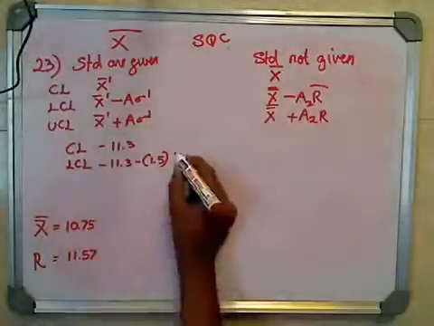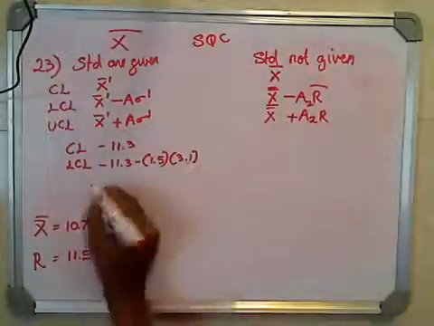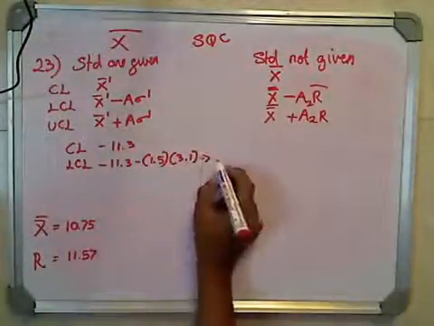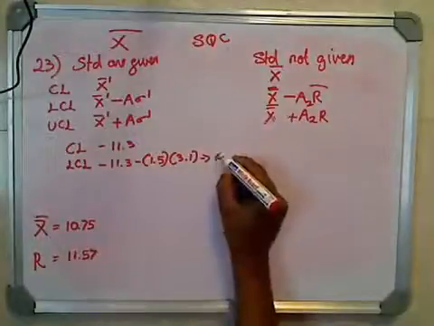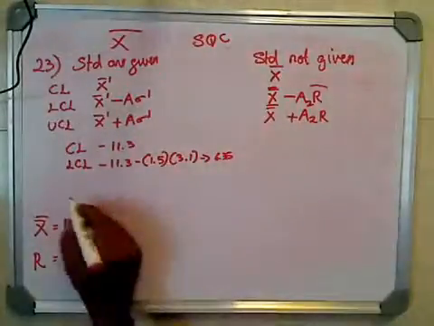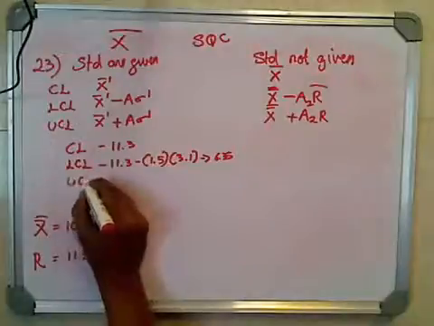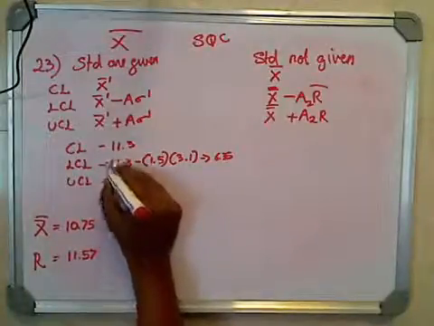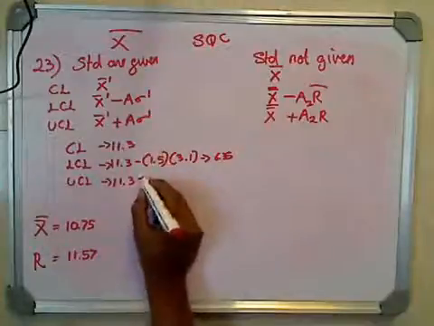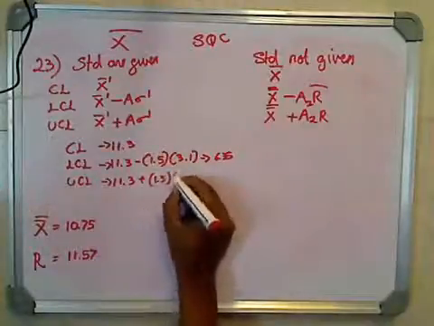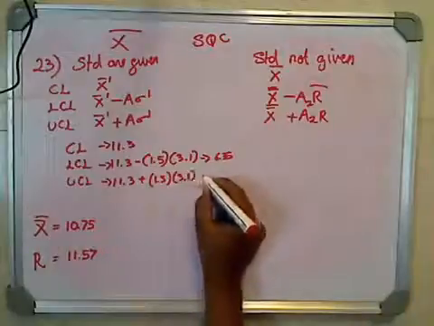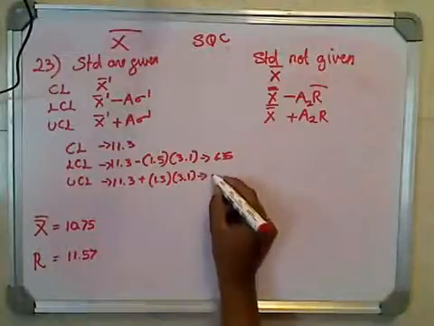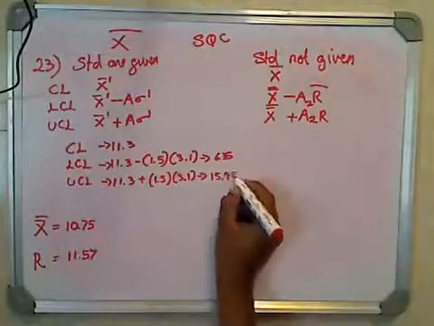Consider that 3.1, and you'll be able to get the answer as 6.35. Similarly, for the upper control limit, 11.3 plus 1.5 multiplied by 3.1 is equal to 15.95.